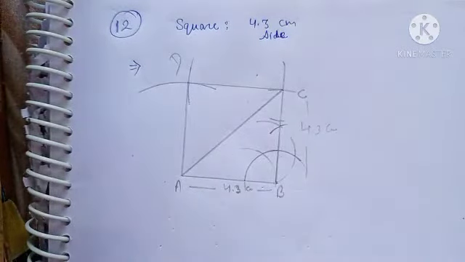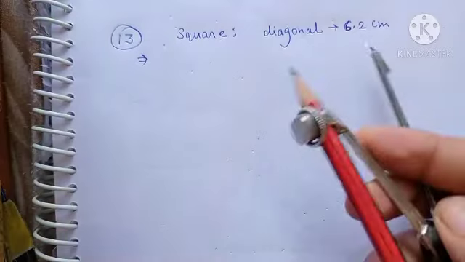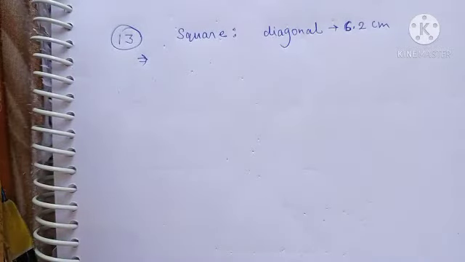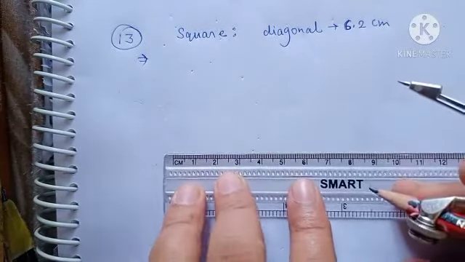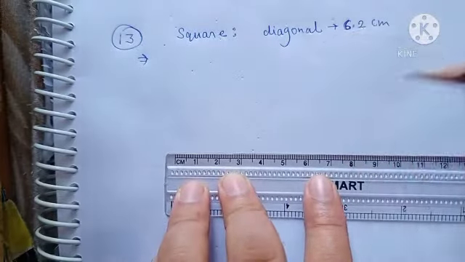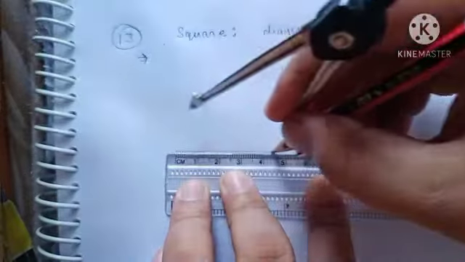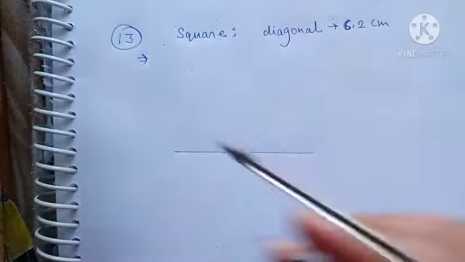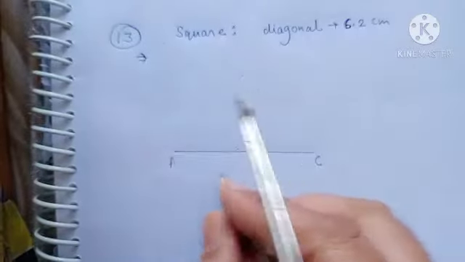Now move to question number 13. In question number 13, we have to construct a square whose one diagonal is given, which is equal to 6.2 centimeter. We know the diagonals of a square are equal and the angle between them is of 90 degree. So first of all, we have to draw a line segment of 6.2 centimeter. Line segment AC is of 6.2 centimeter.